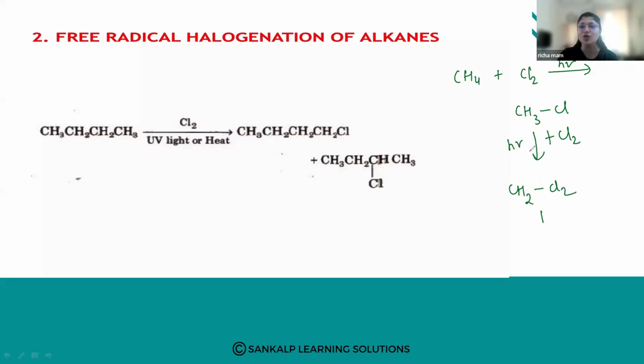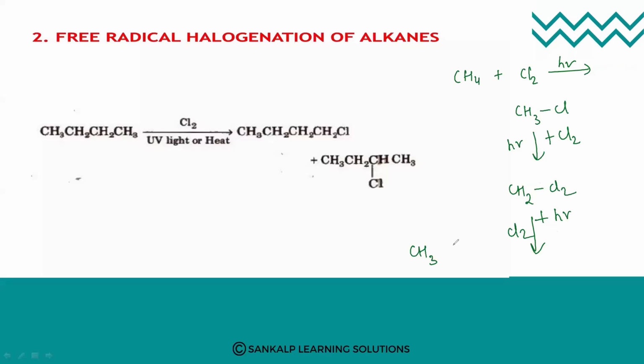I have not stopped; it depends on how much you are supplying. Now again I am supplying UV light and I have given the halogenation method. So what will happen? It will be CHCl3.